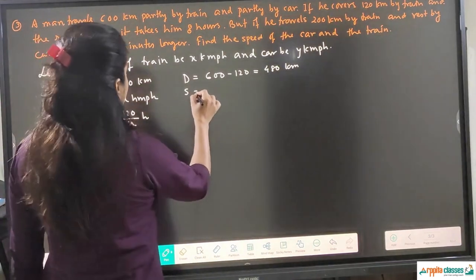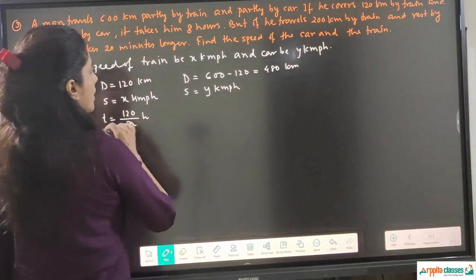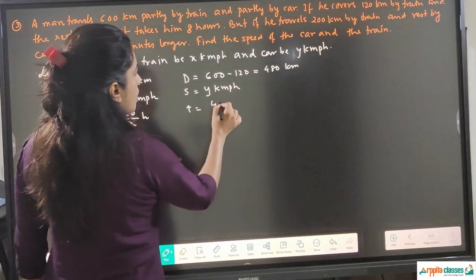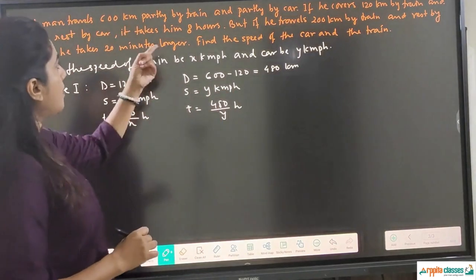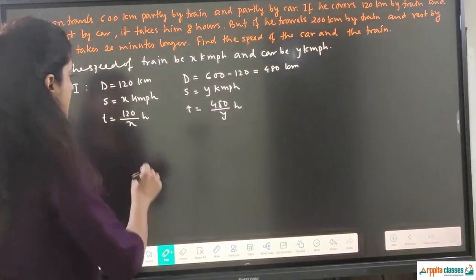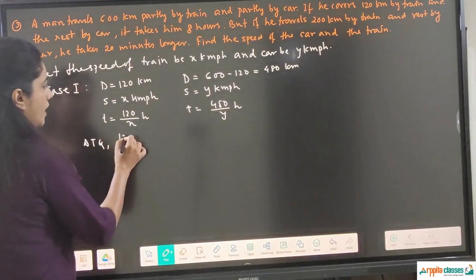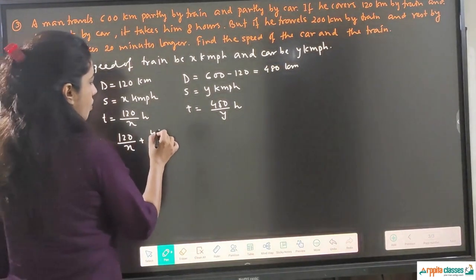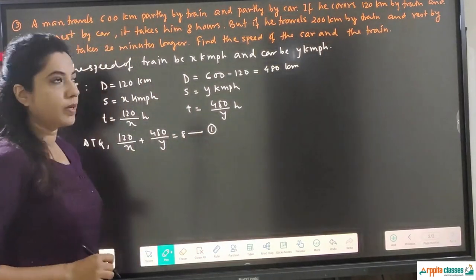Speed of car is y km/h. So here the time taken is 480 upon y hour. And they are saying the total time taken by him is 8 hours. That means this time plus this time, according to the question, 120 upon x plus 480 upon y is equal to 8. This is your first equation.